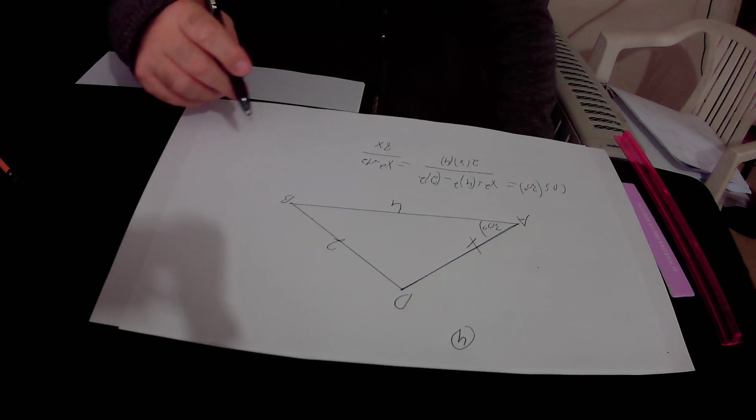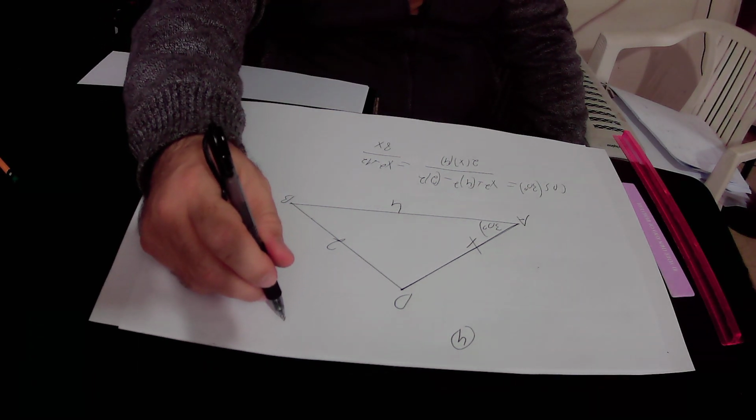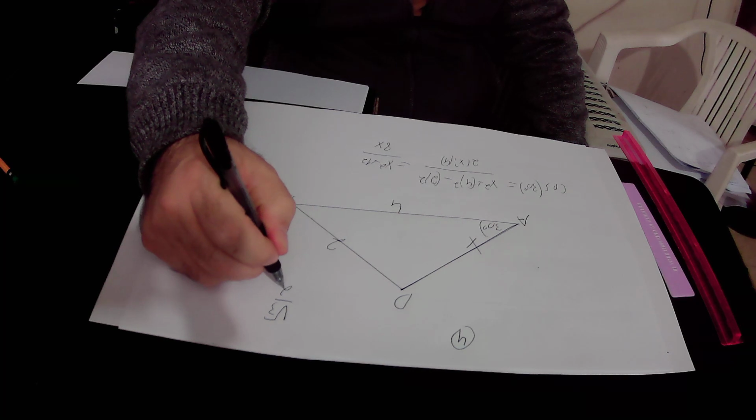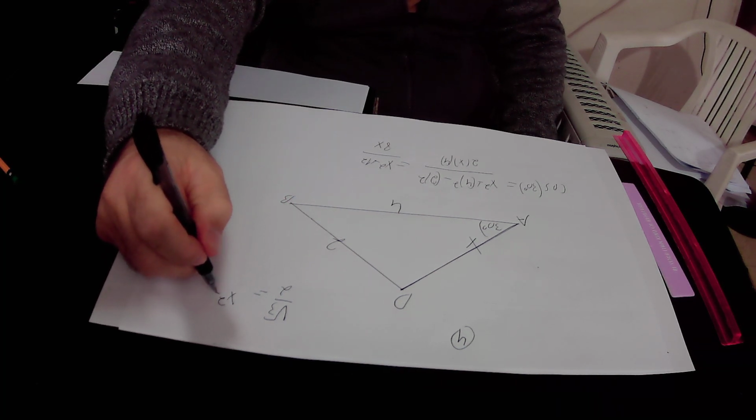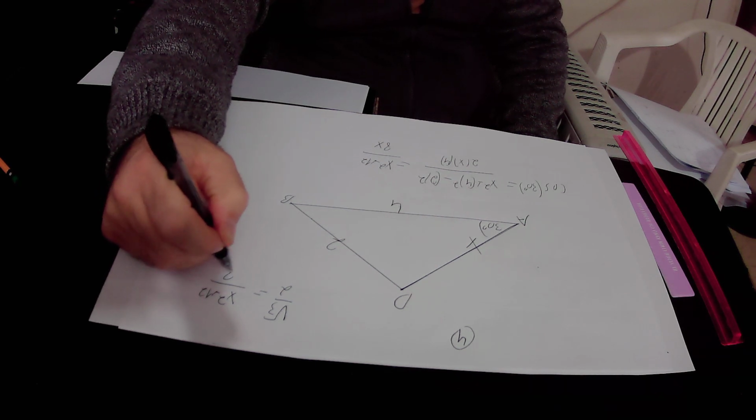So we know that cosine 30 degrees equals square root of 3 over 2, and it equals x squared plus 12 over 8x.